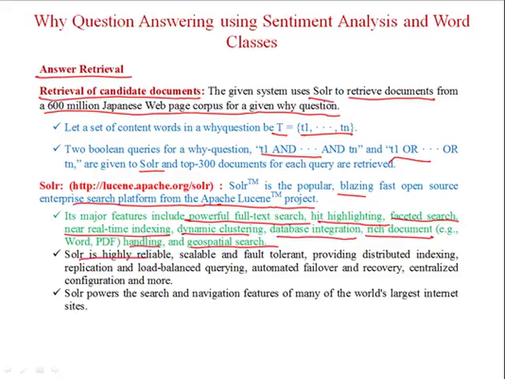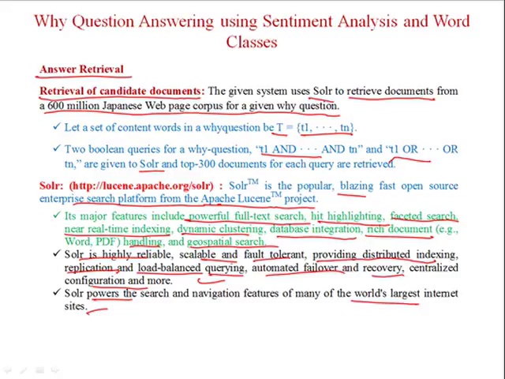It is highly reliable, scalable, fault tolerant, and provides distributed indexing, replication and load balanced querying, automated failover recovery, and centralized configuration, and more. Solr powers the search and navigation features of many of the world's largest internet sites.